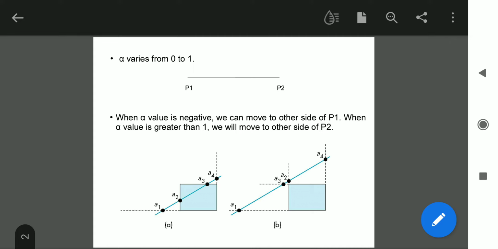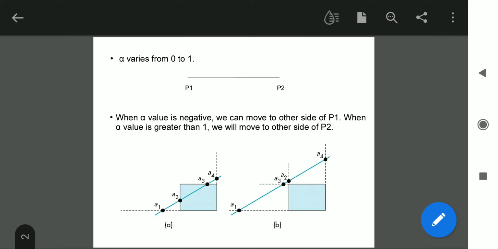So the first intersection point we need to calculate is the intersection point of the line segment with respect to the y minimum value of your output window. Among the 4 intersection points we are supposed to calculate, we need to find the first intersection point, that is alpha 1. Alpha 1 is nothing but the intersection point of the line segment with respect to the y minimum value of the output window. We'll always call it alpha 1.